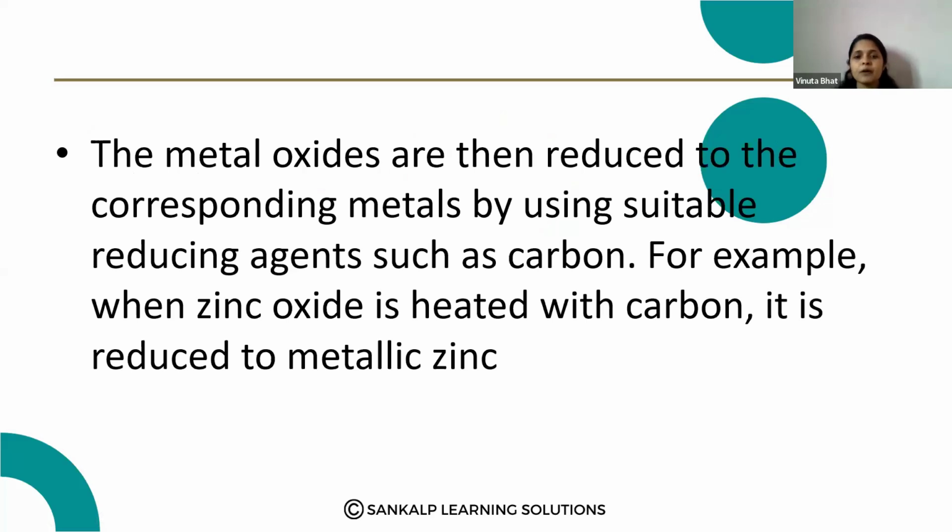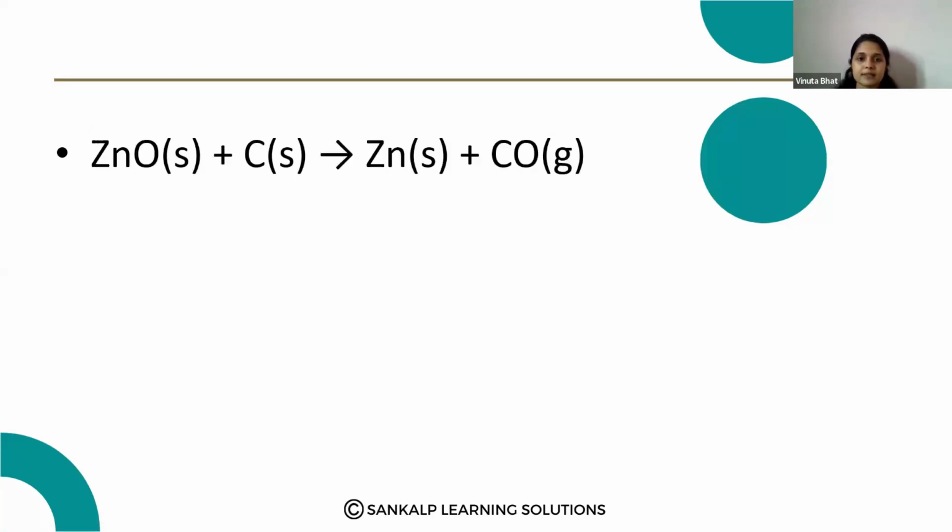For example, when zinc oxide is heated with carbon, it is reduced to metallic zinc. This is the reaction. Zinc oxide is reduced in the presence of carbon, and zinc metal is obtained. Okay, so this metal is called zinc metal.